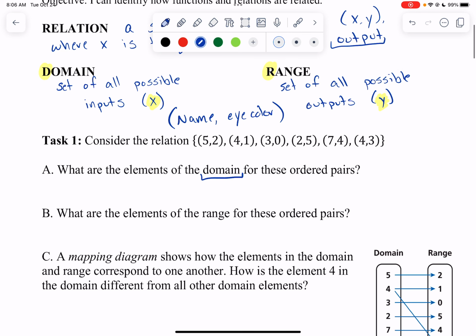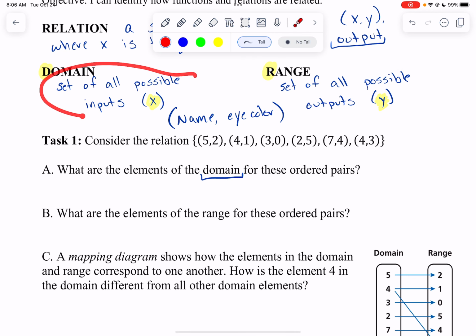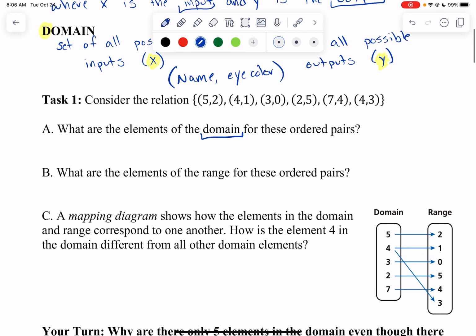The domain, again, is the set of all possible inputs. So we look at my inputs: 5, 4, 3, 2, 7, and 4. We list this as a set using curly brackets, and we tend to list the domain from least to greatest to organize it.